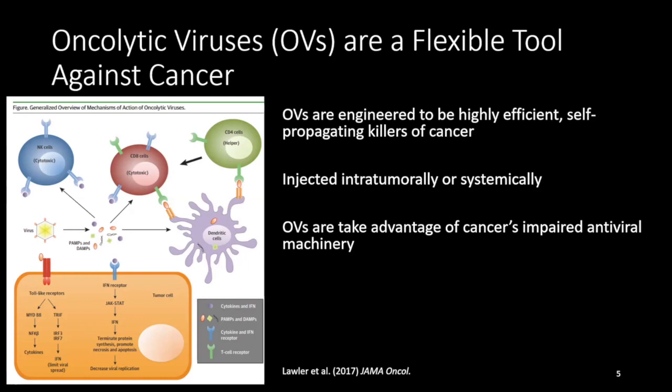These viruses can infect your body's normal cells, but your normal cells also have the ability to produce interferons, which can signal neighboring cells to produce molecules that will interrupt the viral life cycle should they be infected themselves. Because cancers have difficulty doing the same thing, they're much more susceptible to viral lysis and infection.